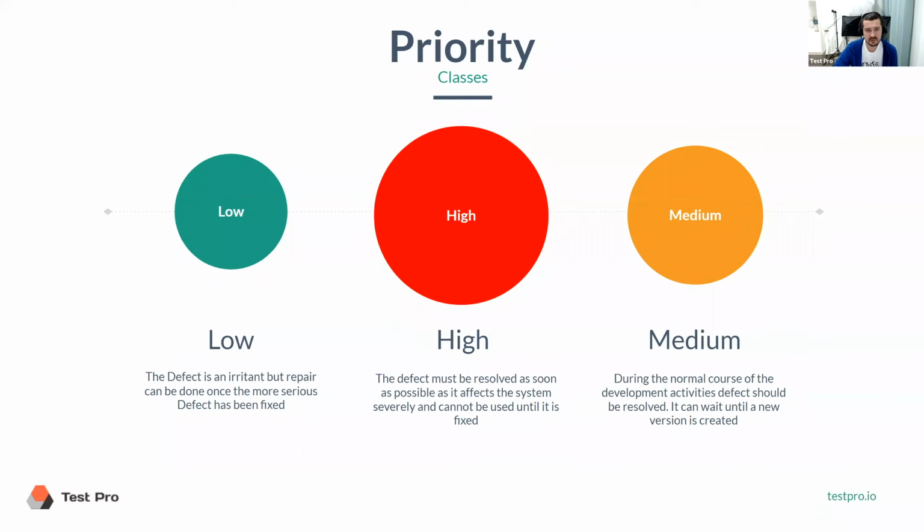High means you have to really stop doing whatever you're doing. I mean, developers have to stop what they're doing, switch to that particular issue, and resolve it immediately. So it's a critical one.